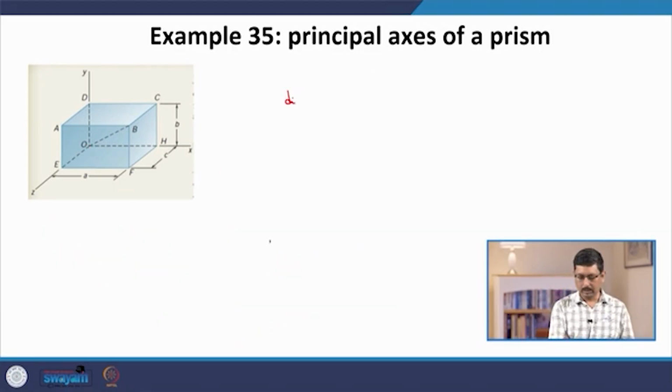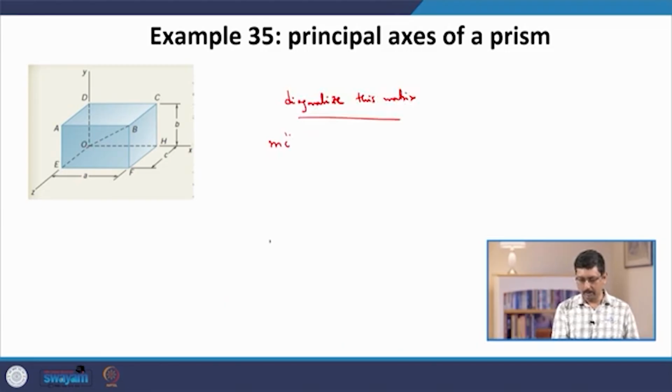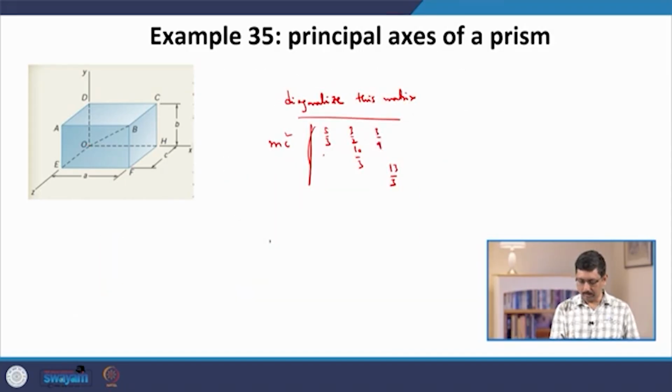So, to diagonalize this matrix, we write the determinant with 5 by 3, 10 by 3, 13 by 3 on the diagonal, and 3 by 2, half and 3 by 4 as off-diagonal terms, with lambda subtracted from each diagonal term, equal to 0.